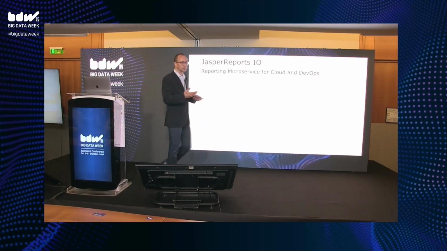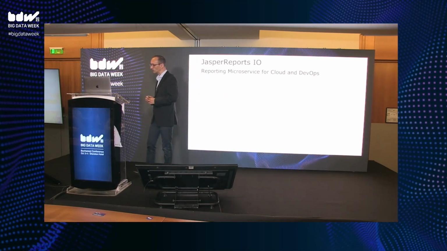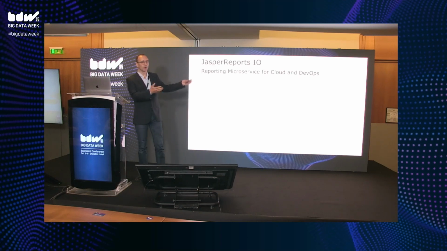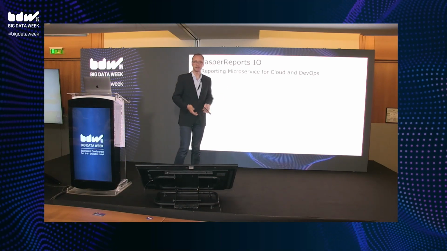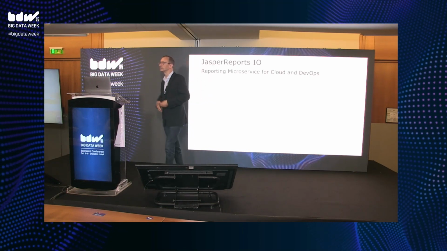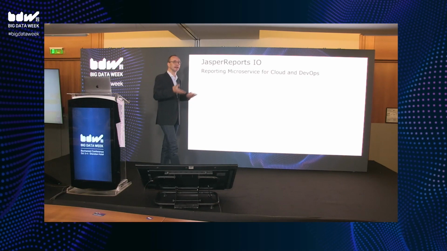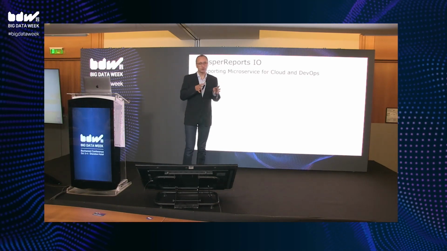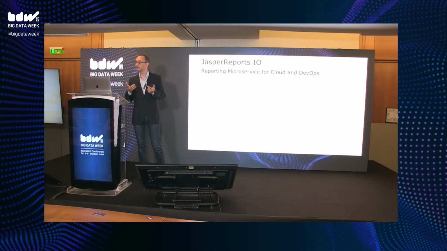So we had to adapt or keep the pace with the evolution of the technology. At some point, people were no longer creating Swing applications or desktop applications or RCP applications based on Eclipse or whatever. People were creating web applications, and they wanted to display the reports in HTML format. So our focus shifted at some point from PDF towards HTML and interactivity.